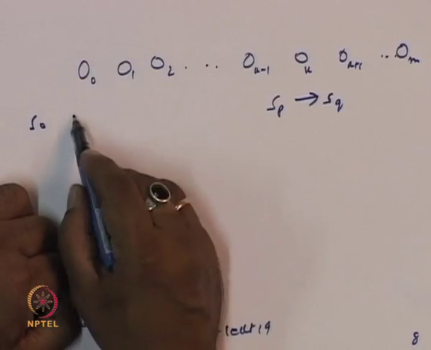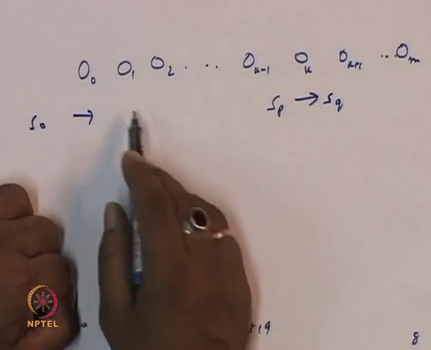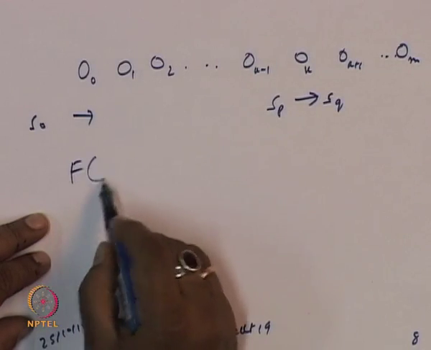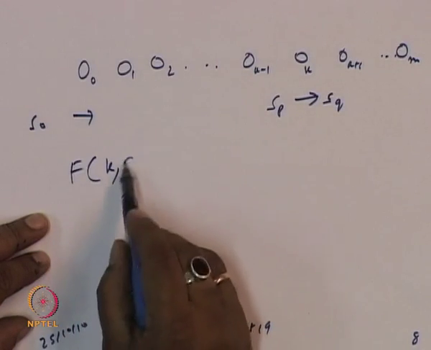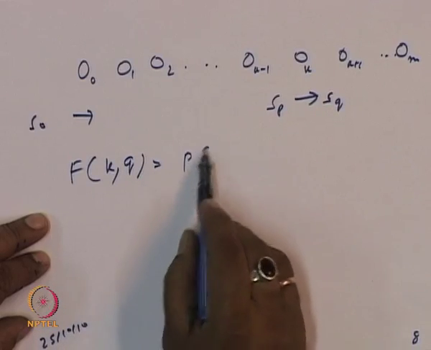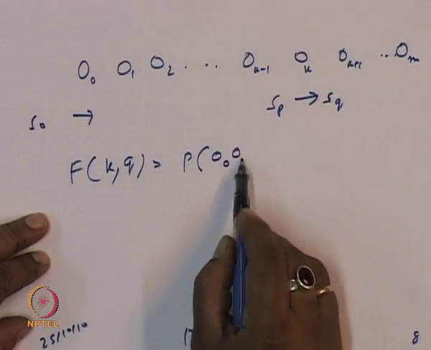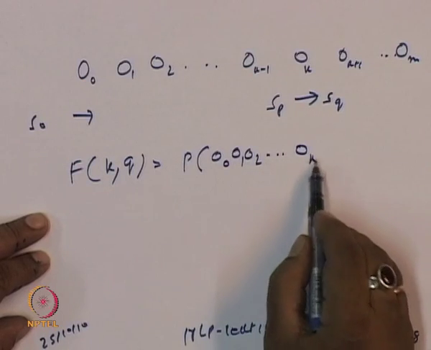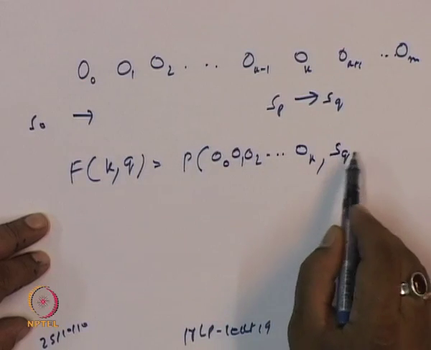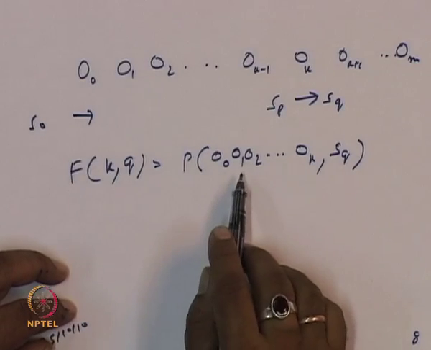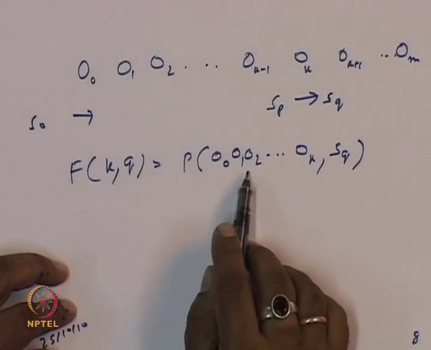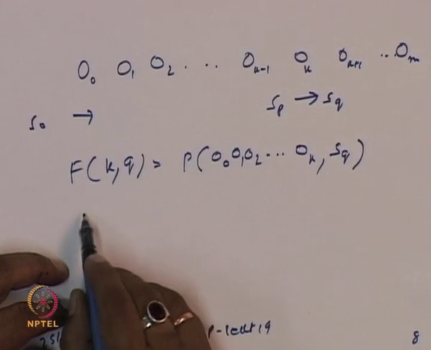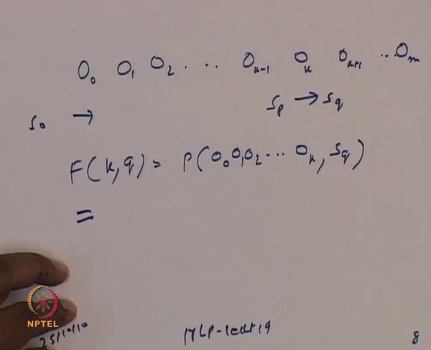The state here is S0, it goes to any state S1, S2, etc. Now f k q is nothing but the probability of O0, O1, O2 up to O k and S q.